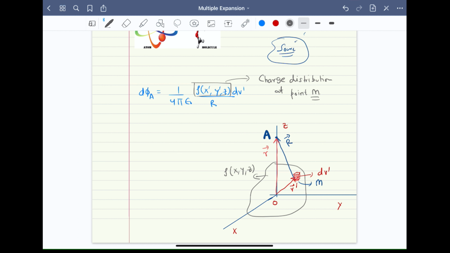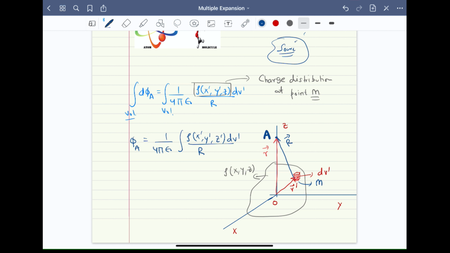And to find the whole potential due to this charge distribution at point A, we will be integrating over the volume. So our phi A will be given by 1 upon 4 pi epsilon naught integration rho of x prime, y prime, z prime.